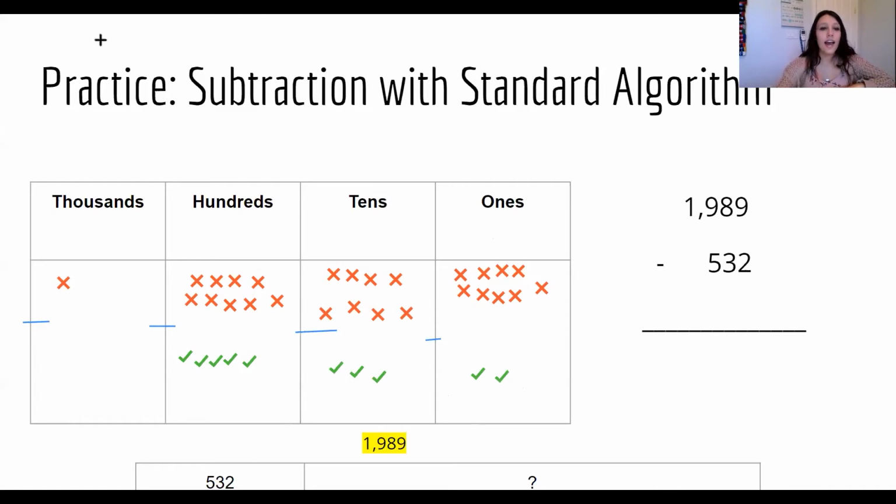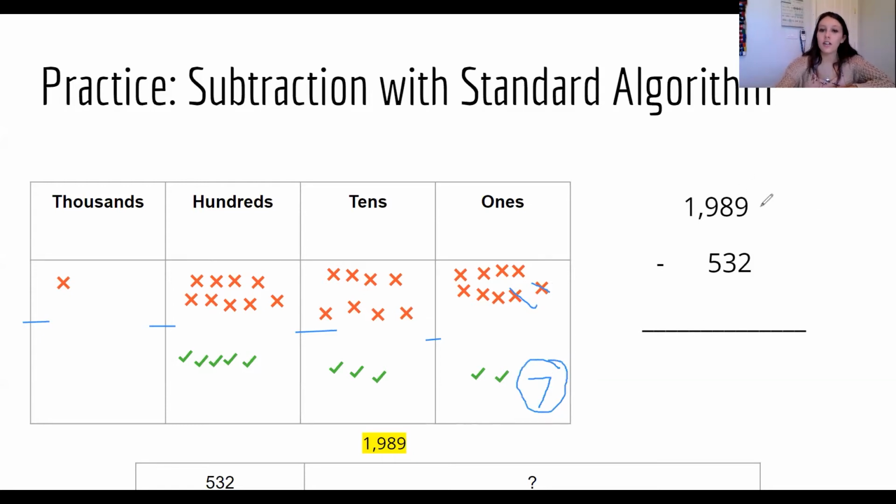So let's look at our ones column together. If we have 9 X's and then 2 check marks, what's 9 minus 2? 9 minus 2 is 7, right? That means we're going to have 7 in this column, because essentially these check marks mean we're taking away 2 of these X's. So we're just going to write a 7 in our ones place.